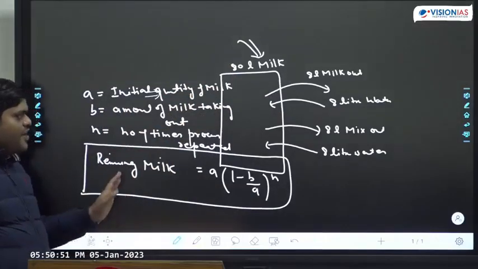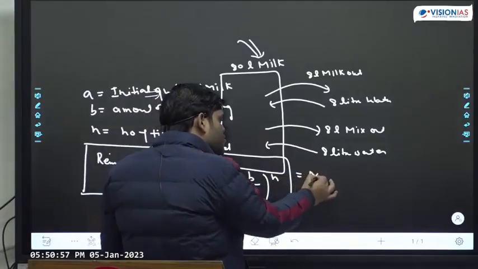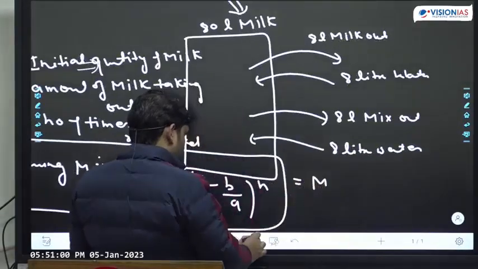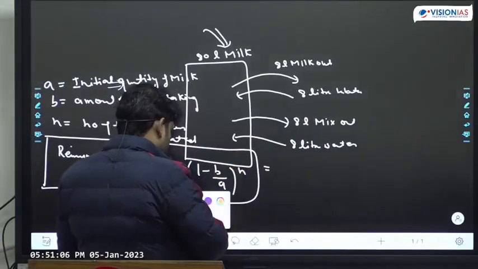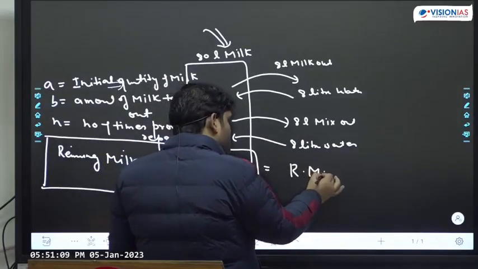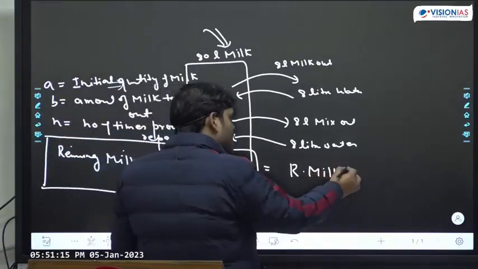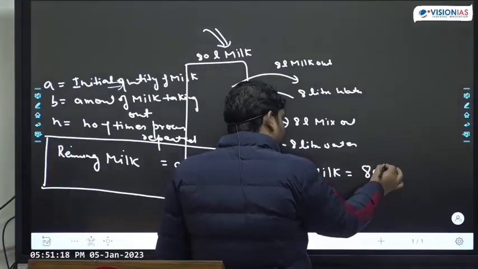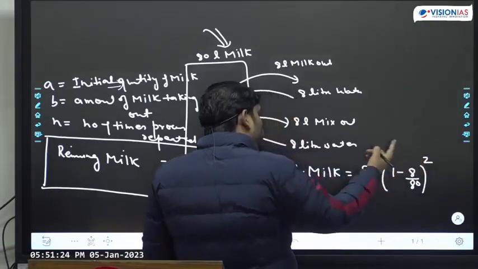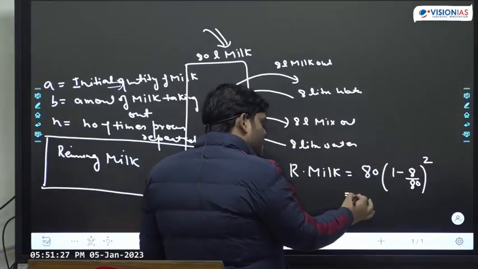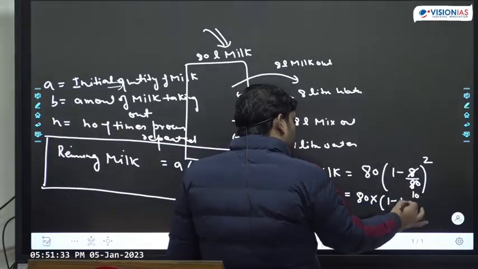So suppose the question is, what is the amount of milk remaining after 2 times? The remaining milk will be how much? A means total was 80, into 1 minus 8 upon 80, to the power 2, because we are doing this process 2 times. So this will be 80 into (1 minus 1 by 10) whole square.